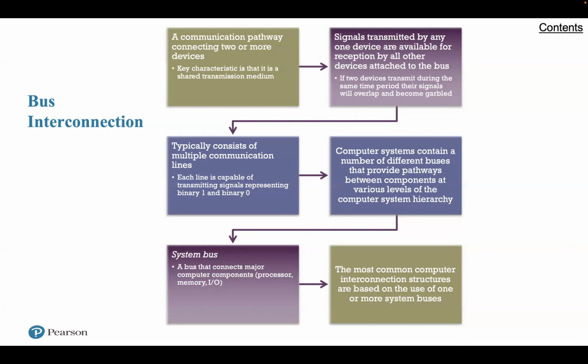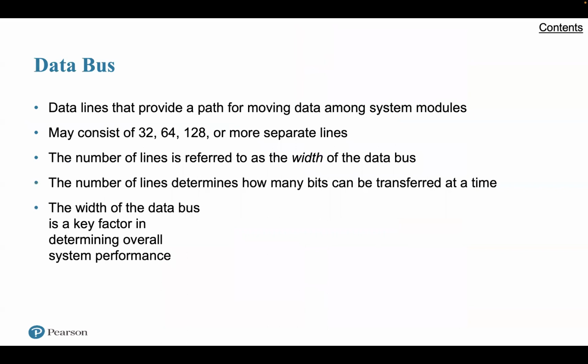Computer systems contain a number of different buses that provide pathways between components at various levels of the computer system hierarchy. A bus that connects major computer components, processor, memory, and I/O, is called a system bus. The most common computer interconnection structures are based on the use of one or more system buses. So that gives a good overview of that.